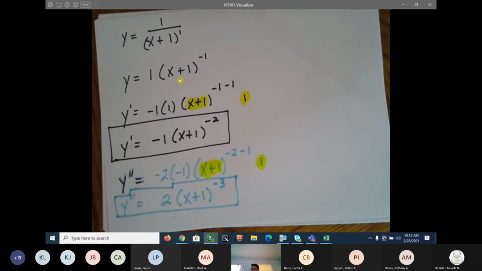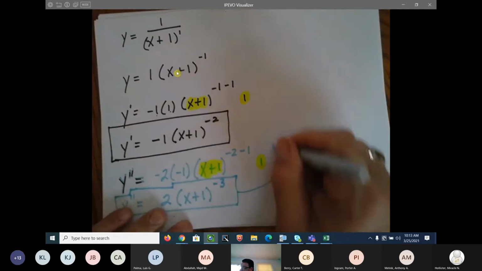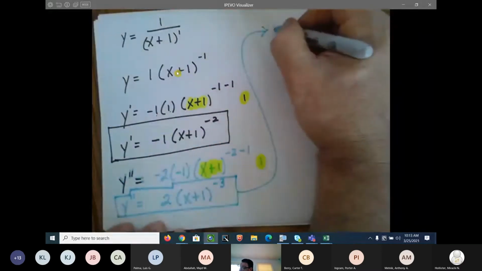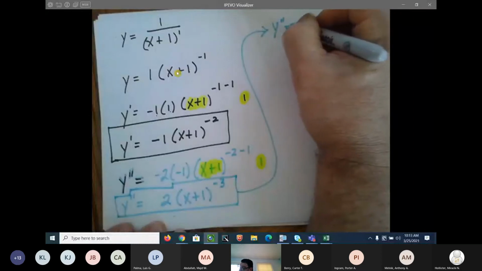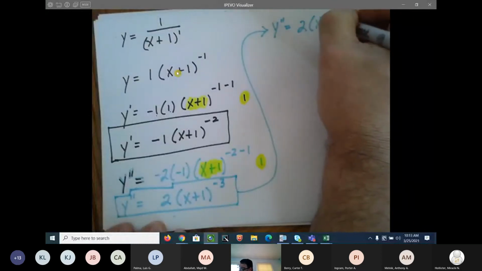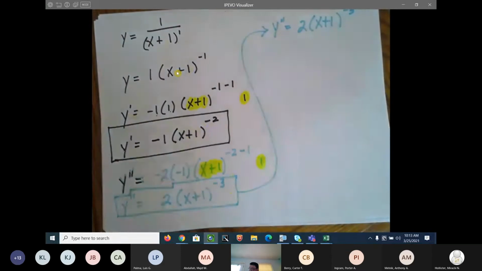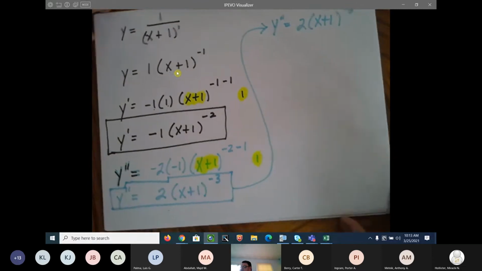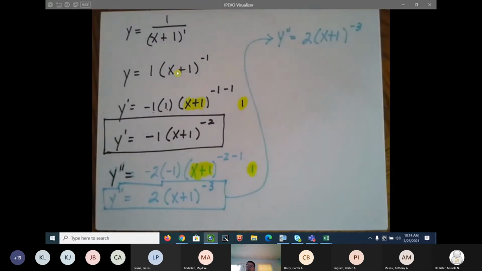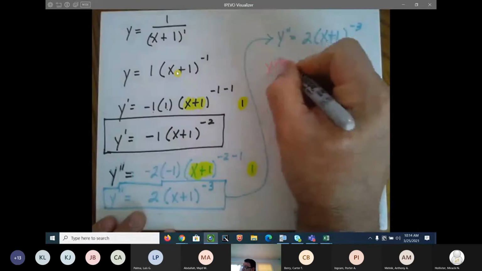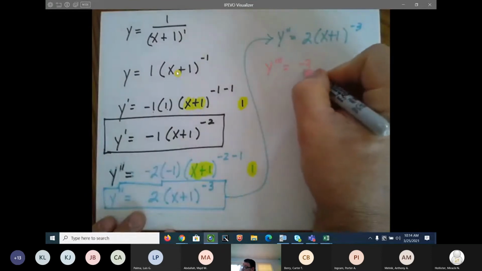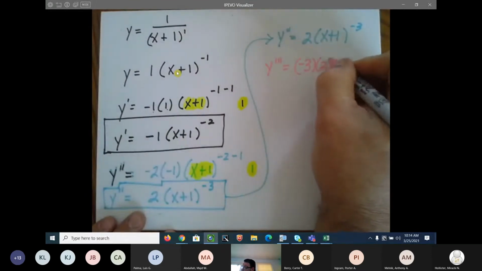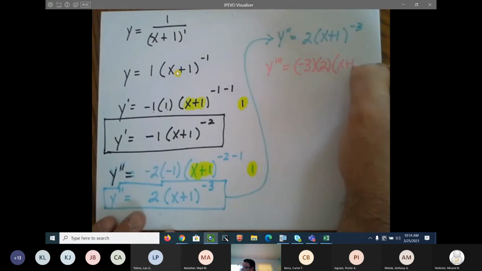Now let's do y triple prime. And we'll go with pink color again. Negative 3 times 2 times x plus 1 to the negative 3 minus 1.